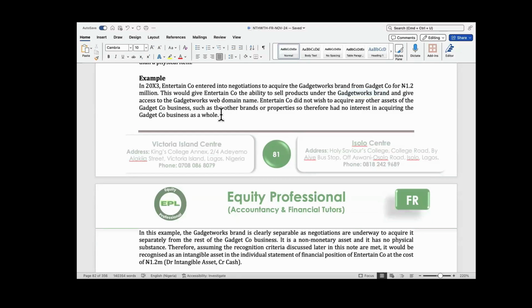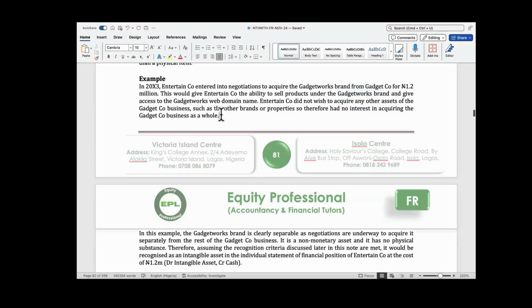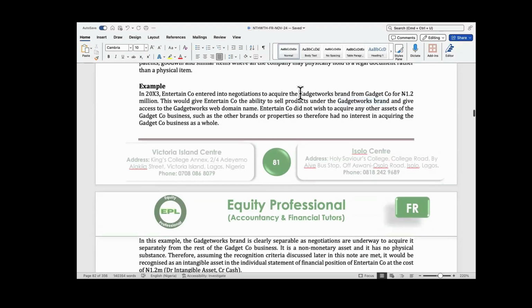Okay. So you will see that in this example, Mr. Gadget Co. has a brand that Entertain Co. is interested in.